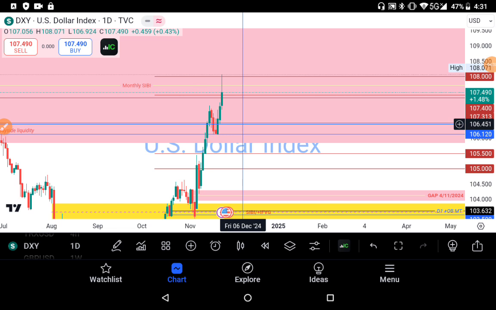The moment 106,500 gives way, then I'll be interested in the market working towards 105,000. But the moment 106,500 does not give way to the downside, I'll be going into 109 and 110 big figure.